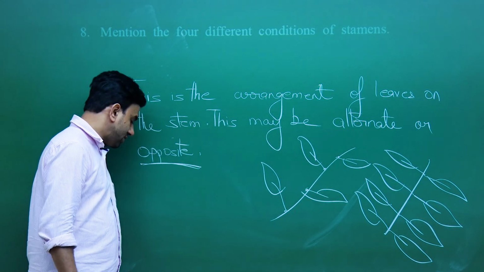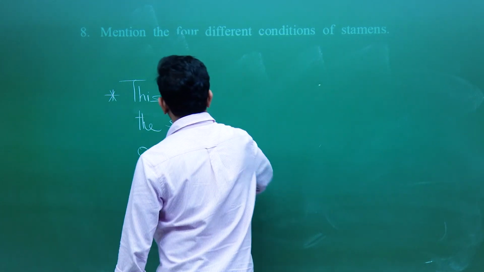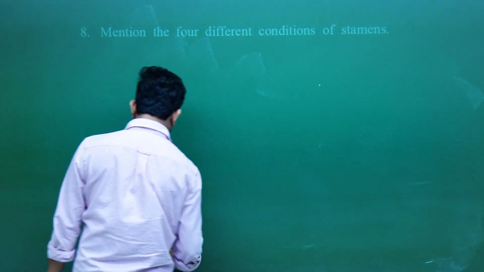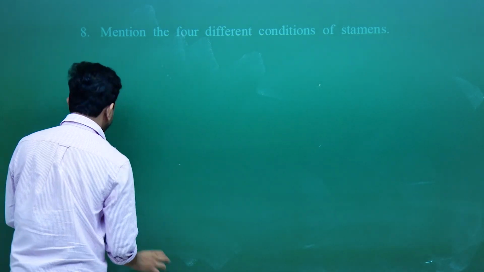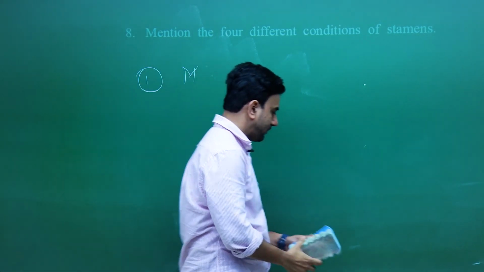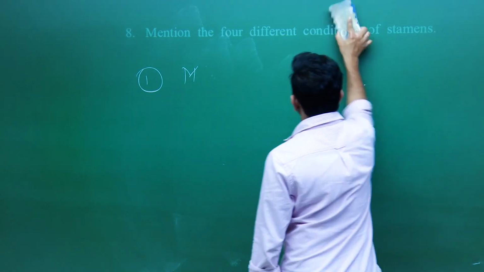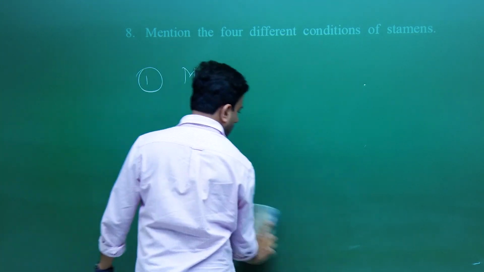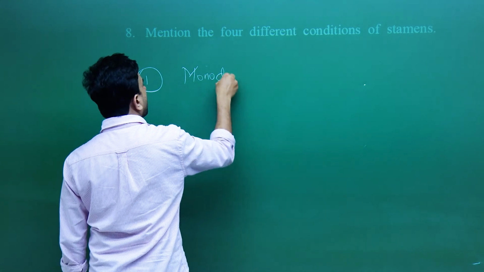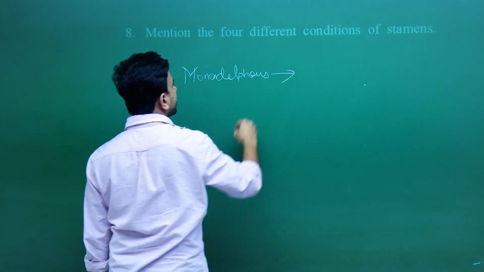Mention the 4 different conditions of the stamens. The first one is the monoadelphous condition.